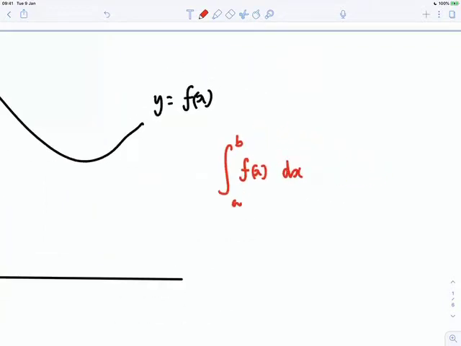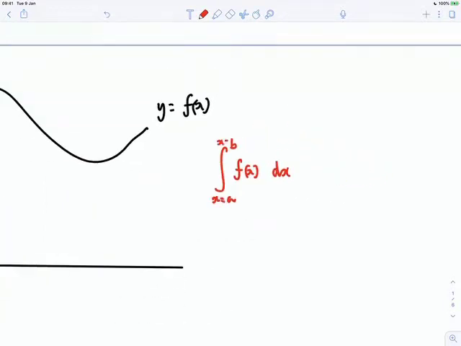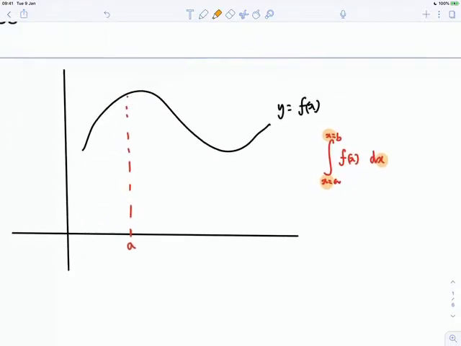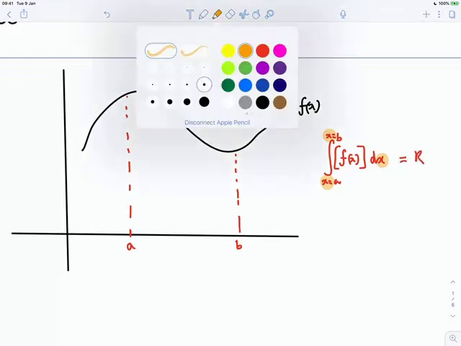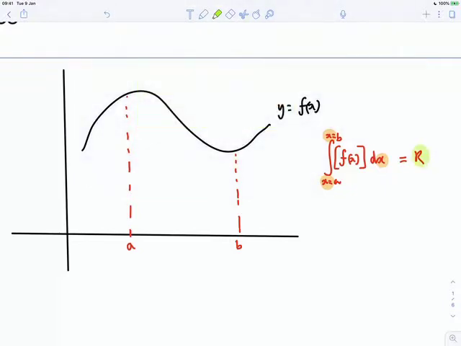Technically we would write x equals a and x equals b, but we never do that because this x will always match the last dx bit in the middle. This is what we're applying our integration to. Essentially, between x equals a and x equals b, this is going to give us our region R. And our region R is the area under the curve bounded by the x-axis and the lines x equals a to x equals b.